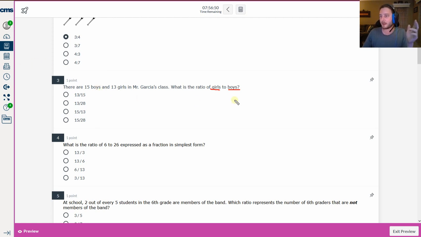And we are going to have the number of girls coming first. So this 13 needs to actually be the first number. And for boys, the 15 needs to be the second number. So the number we wanted was 13 to 15. We do not want the 15 to come first. Okay? They changed the order on us when they made the problem.